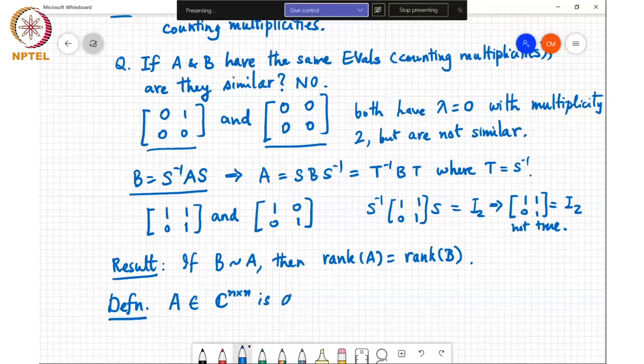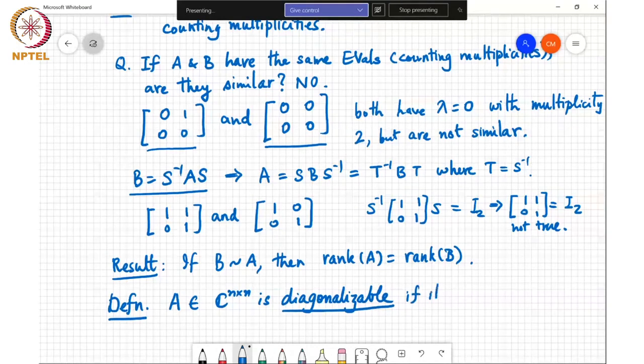A matrix is diagonalizable if it is similar to a diagonal matrix.